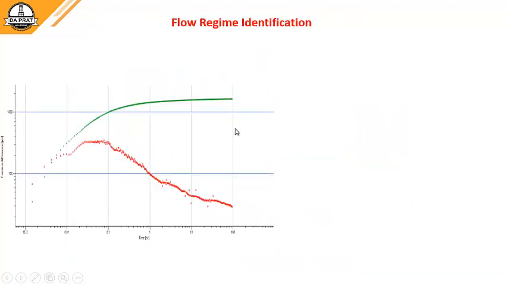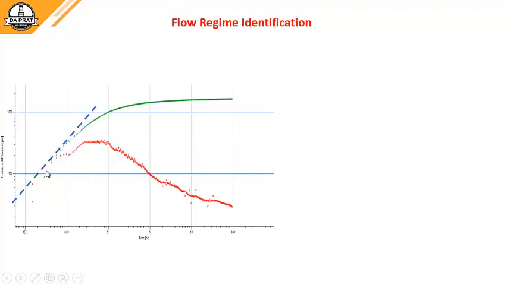So what we're going to do here is to identify the present flow regimes. And this is wellbore storage, probably the first flow regime which appears in any type of test, even in a formation tester.